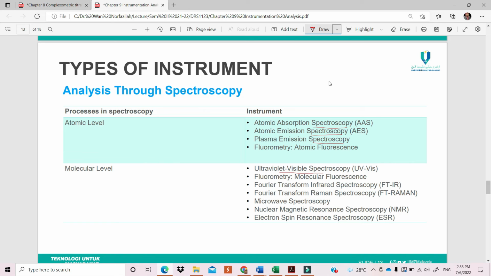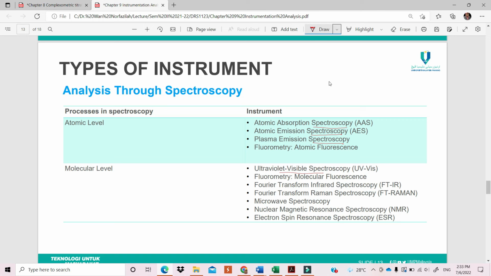So there is an interaction between light and your sample. Okay, and we also have others, and the familiar one will be Fourier transform infrared spectroscopy. Ini kalau you buat final year project, you akan jumpa lah.